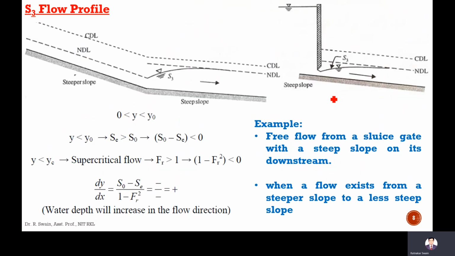Next is the S3 flow profile curve. Here in the S3 flow profile curve, what happened? The y is here, which is less than NDL, below the CDL.